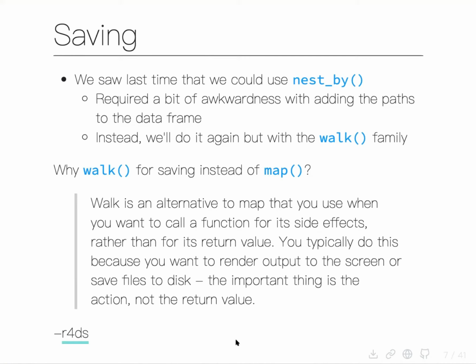The function is doing all these operations, but the print statement is like a side effect. Saving plots, installing packages, all of those things are side effects. There are many times when you want to run an operation for its side effect, like creating a plot or saving something to disk. And walk is the function that you should use when you want to apply a function for its side effect.